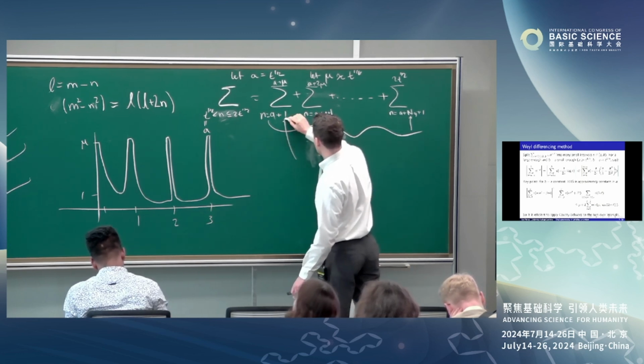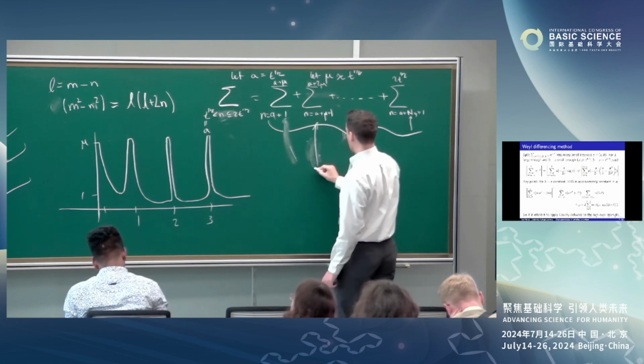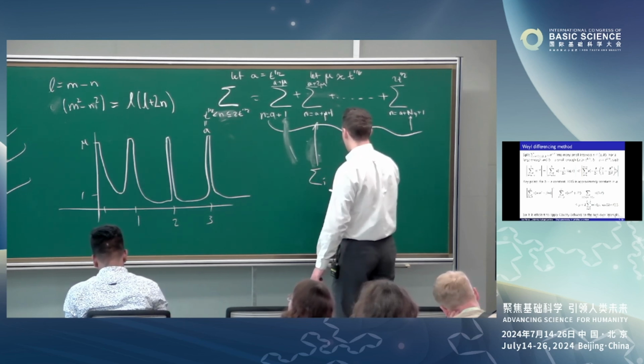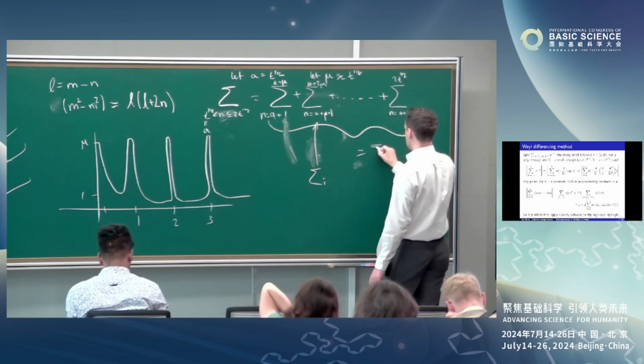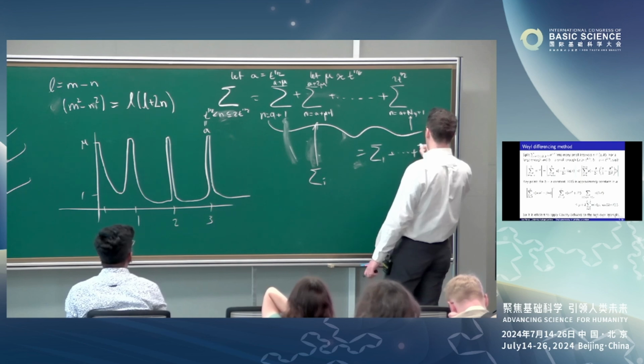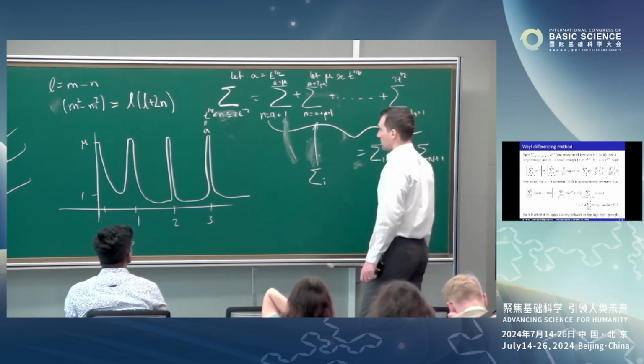Let's call the typical one sigma I, so this whole thing is sigma 1 plus up to sigma N plus 1, all of this exponential sum.